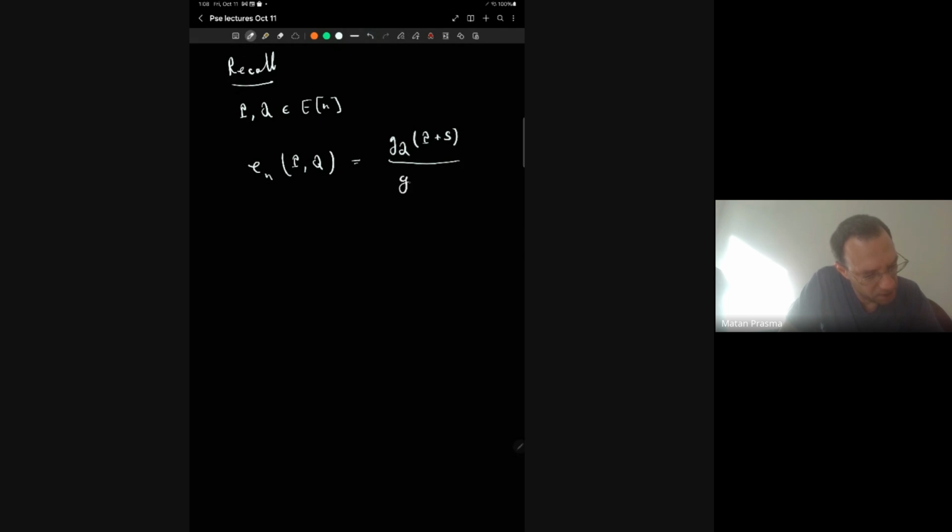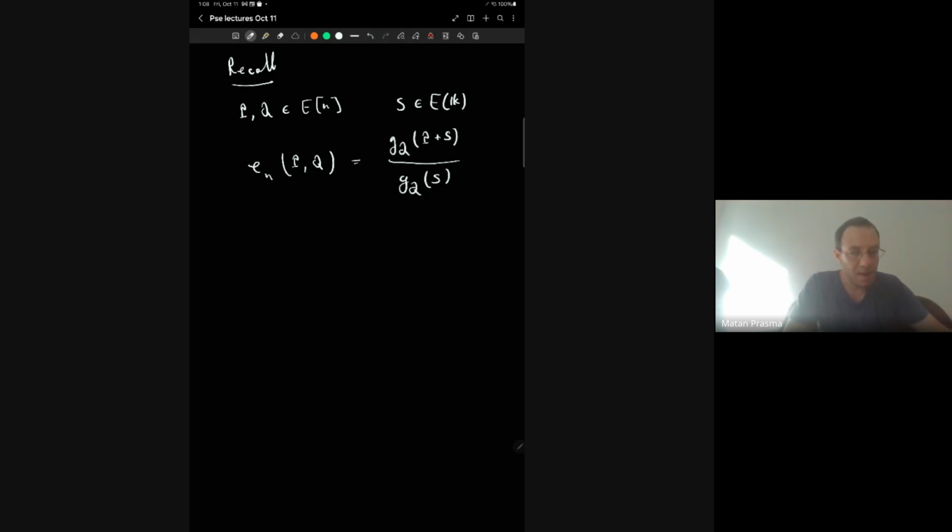You remember, for n torsion points, we defined e_n(P,Q) to be g_Q(P+S) divided by g_Q(S), where S is some point on the curve, and it turns out that it does not depend on the choice of S.